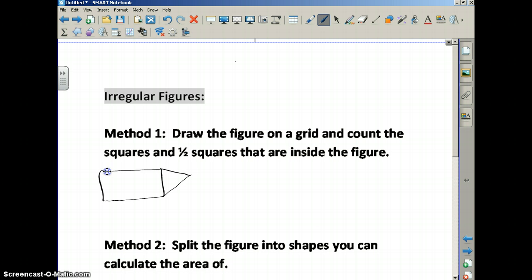What you can do is lay this figure over a grid and just count the number of units, the number of little squares that make up the figure. That may not be the best drawing, but we're not too bad here. We'll just count that as the same.